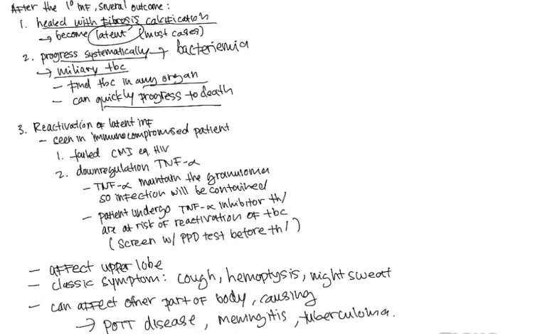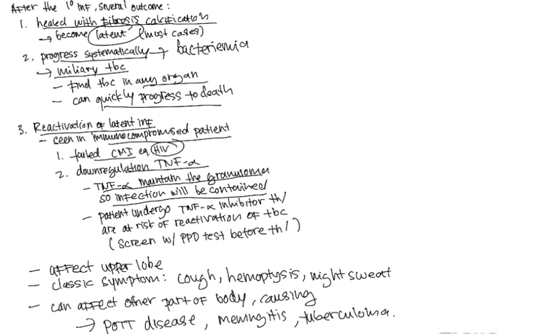Number three, it can cause reactivation of a latent infection. Usually this is seen in immunocompromised patients, especially patients who fail to mount the CMI response, for example in HIV, and downregulation of TNF alpha can also cause reactivation. As we know, the function of TNF alpha is to maintain the granuloma, so the infection will be contained inside the granuloma.